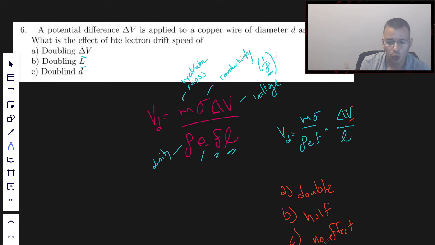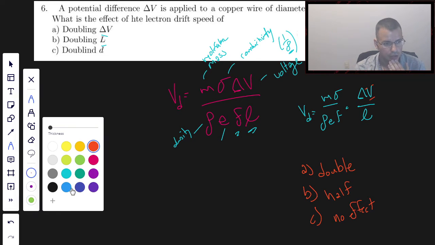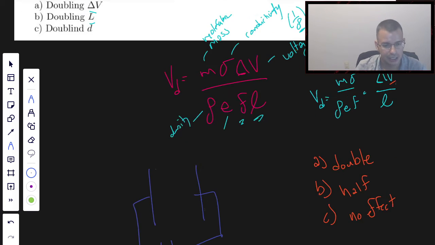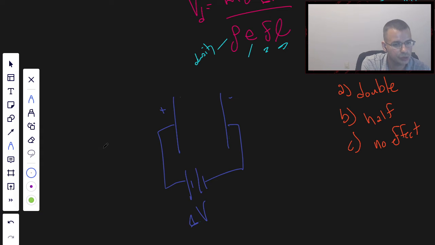So looking at this from a more reasonable, logical point of view, we should draw a picture. We have a battery, looks like this, and this battery is going to create a voltage at delta V. So this will be plus, this will be negative, and between here is going to be our copper wire.